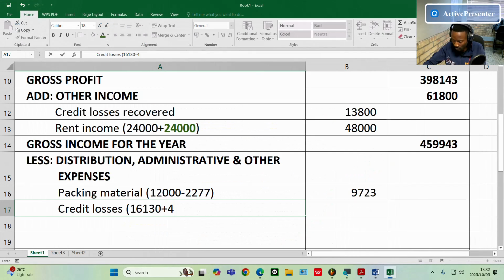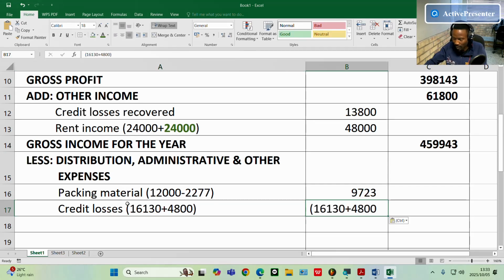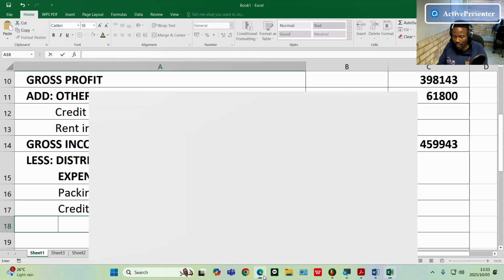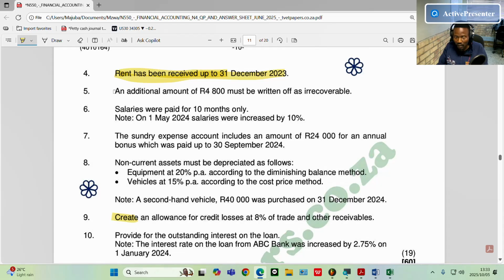So we need to add this 4,800. There's a reason why, guys, I'm actually doing this. As I said, I want to maximize. I want all the marks first before getting the other items which have no adjustment to it. Right, we are done with this adjustment. Done and dusted. On to the next one.